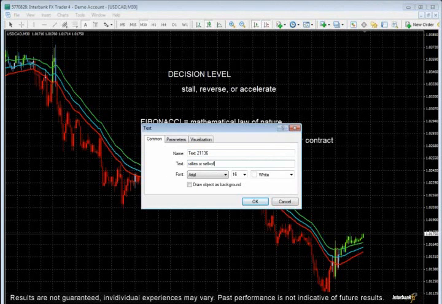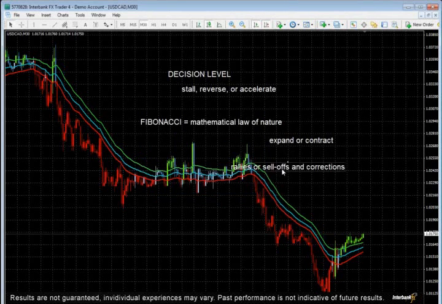Uptrends, downtrends, and corrections? Couldn't that be what we consider expansion and contraction? Expanding, like rallies and sell-offs, expanding downward, expanding upward, or contracting, pulling back. That's a correction.